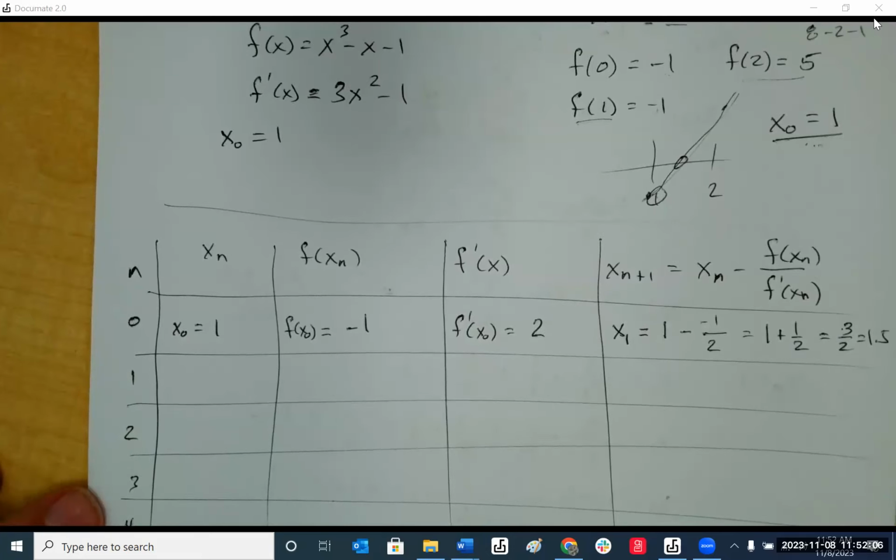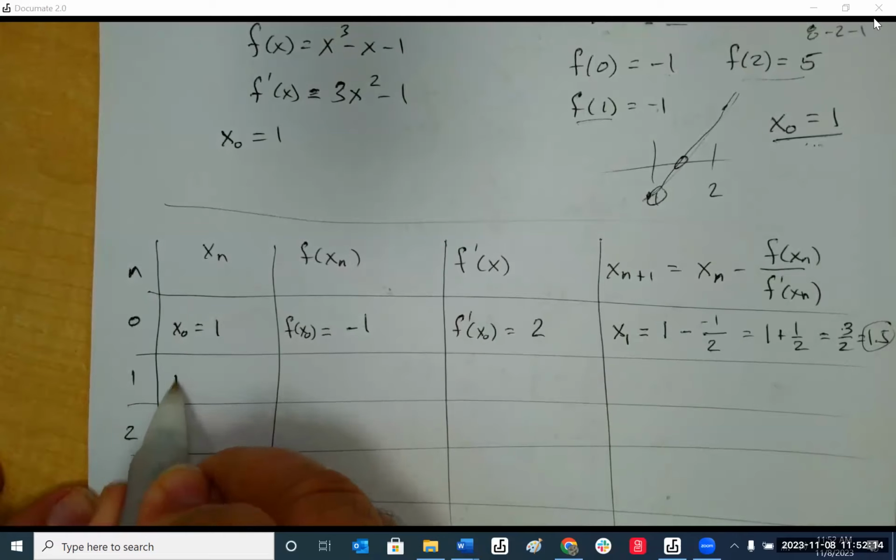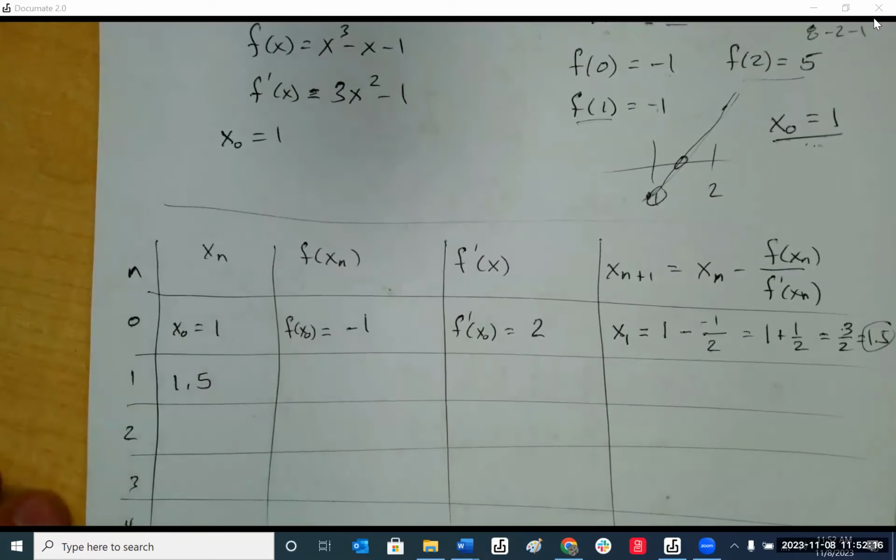I guess we could do a spreadsheet with this. This will also work. It wouldn't be as accurate, but this value here now goes over here. That's our x sub 1. Let me do that.